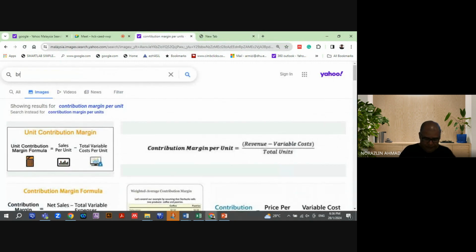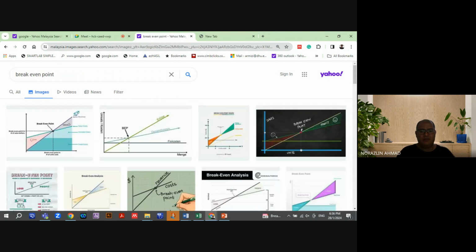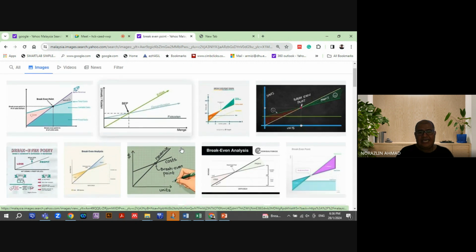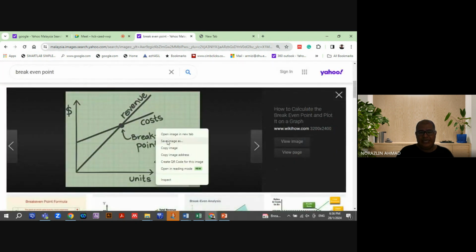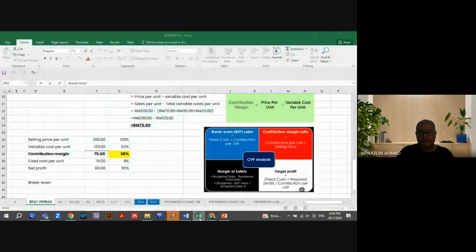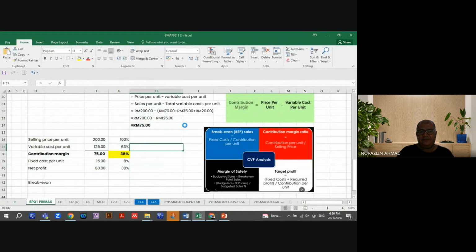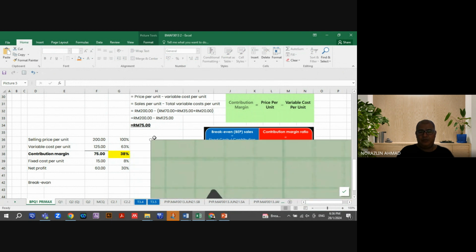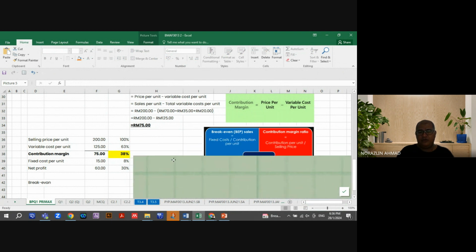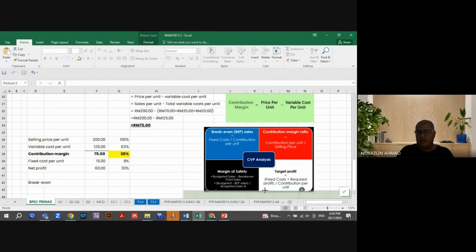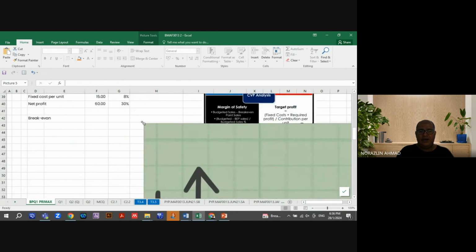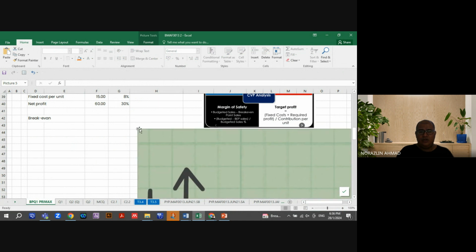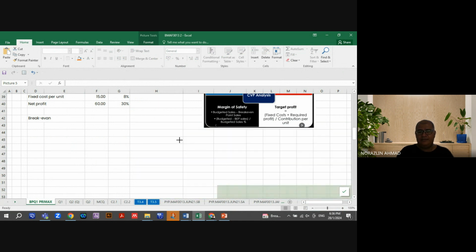Contribution break even point. This is your break even point where there is no profit or no loss. That's why we call it break even. How many units do you need to sell in order to get the break even, where there is no loss, no gain?